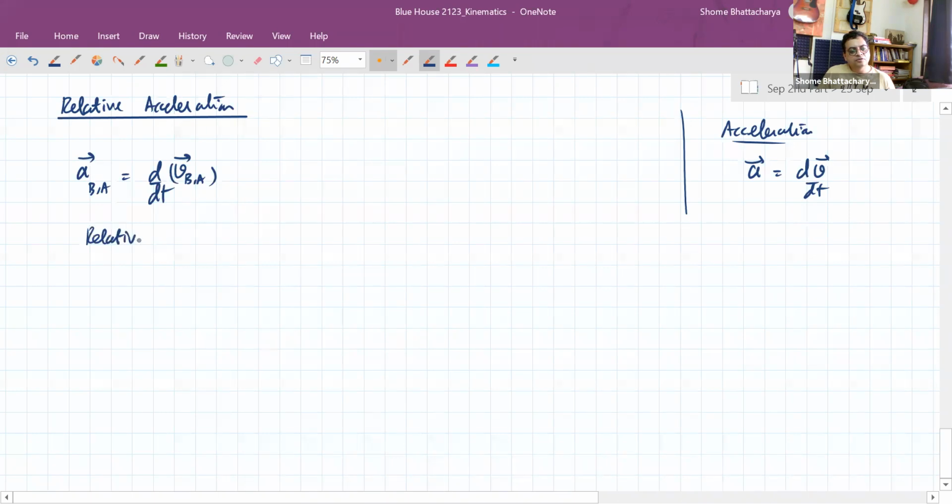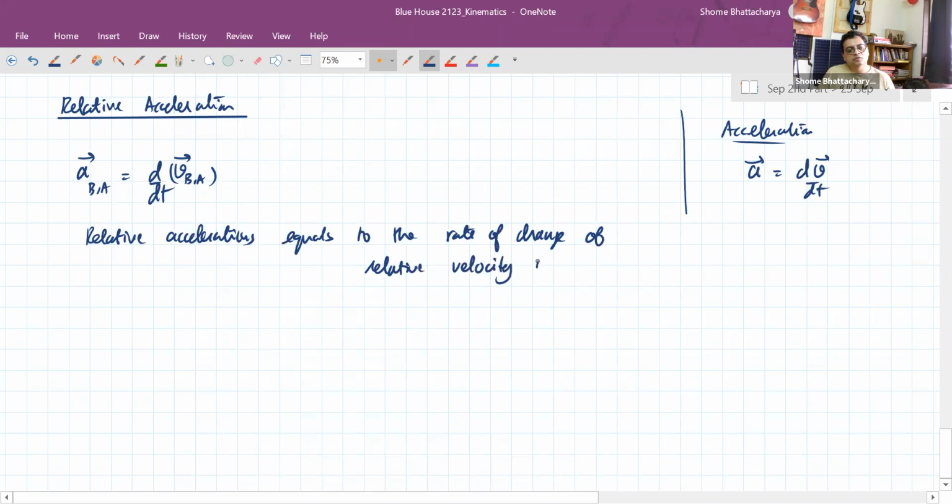So relative acceleration equals the rate of change of relative velocity with respect to time.